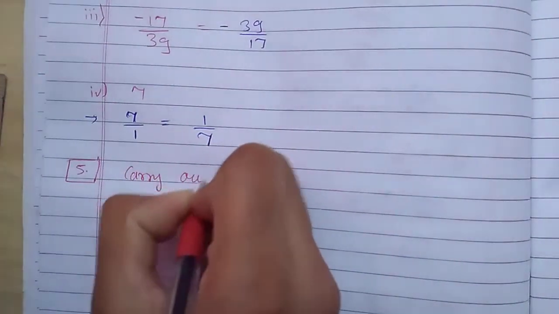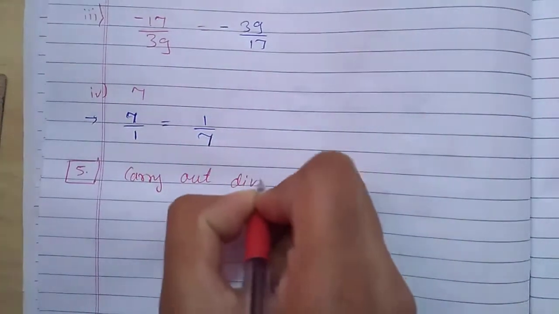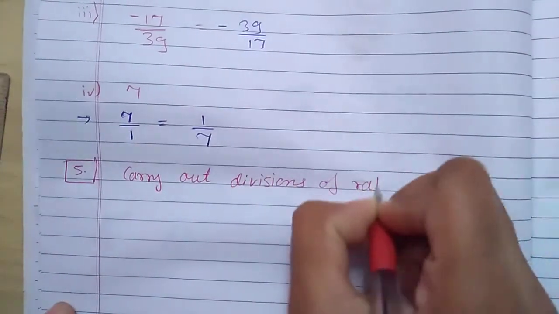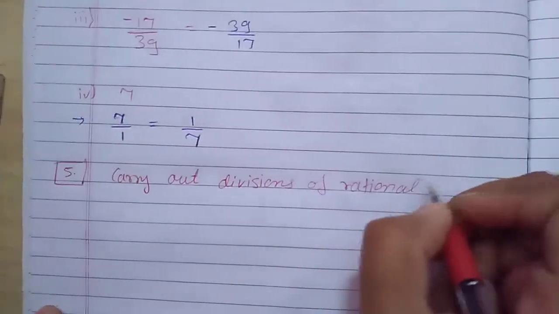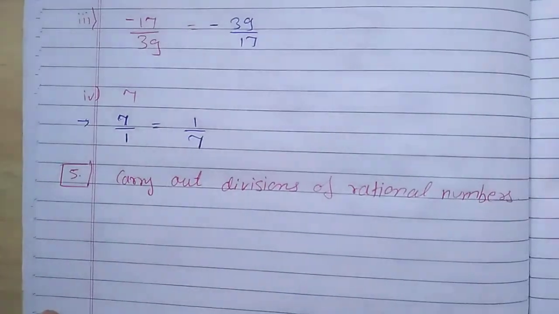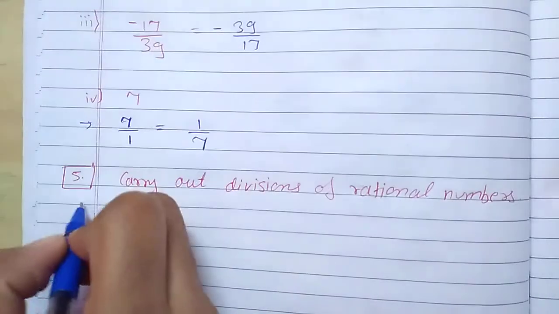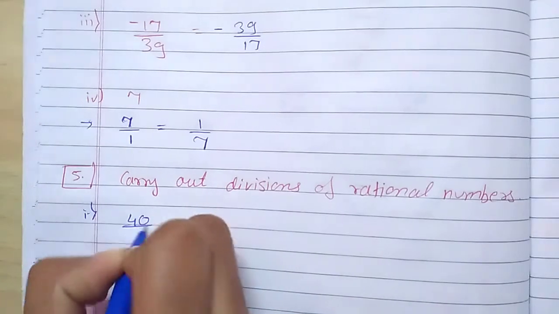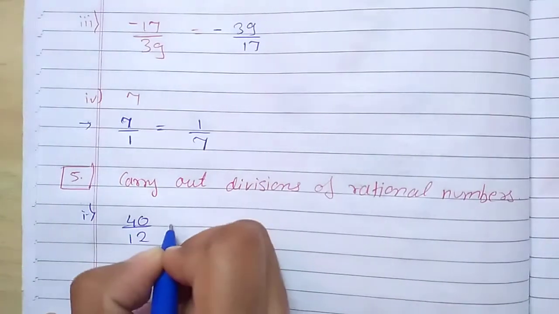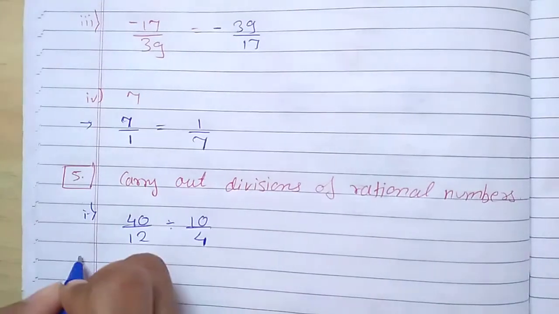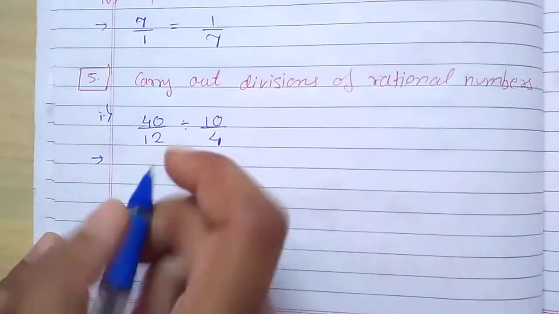Carry out divisions of rational numbers. Forty upon 12 divided by 10 upon 4. What will be the answer?